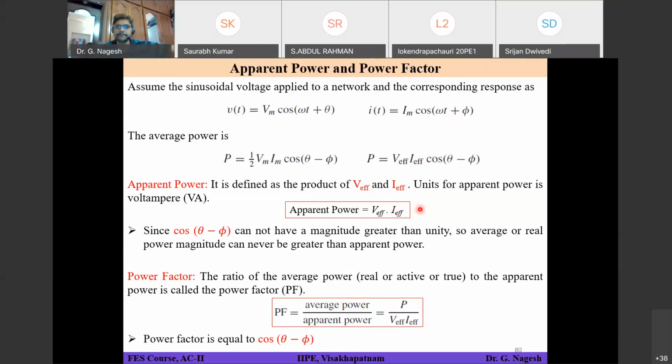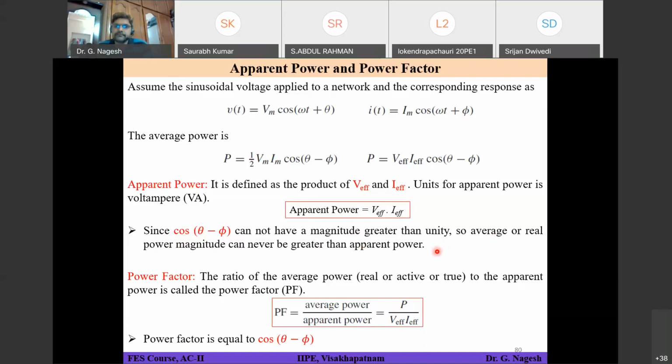Next, power factor. Cos of theta minus phi cannot have a magnitude greater than unity, because the maximum value of cos is 1, and it will be less than 1, it cannot be greater than 1. So the average power, or the real power, magnitude can never be greater than apparent power.